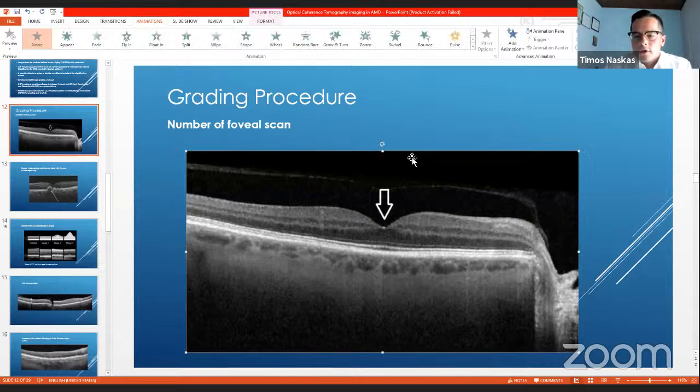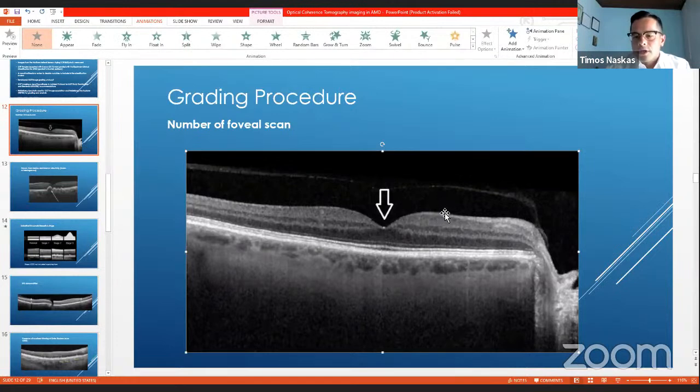Whenever the light travels in a multi-layered tissue like the retina, the light is reflected, absorbed, scattered in each tissue. So whenever it comes back, it has different properties, different than when it left the light source, if I can term it that way.